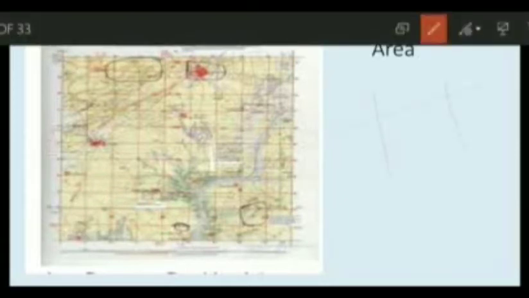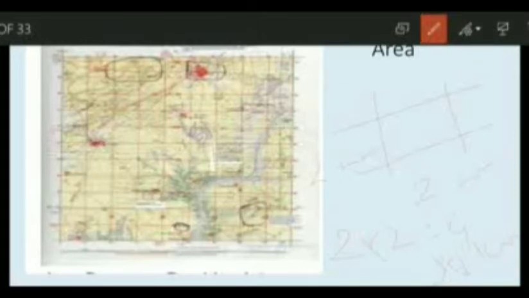Each block is 2 centimeter width, 2 centimeter length. So when we multiply 2 into 2, it will be 4 square kilometer.